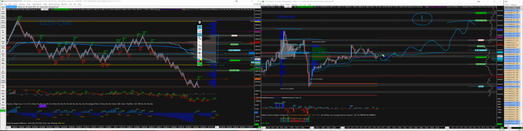Scenario 2. We open the overnight VPOC, test high to the Friday's VPOC at 96. So it's not this one, it's this one, it's 96. That's the VPOC at 96. Okay, test that.